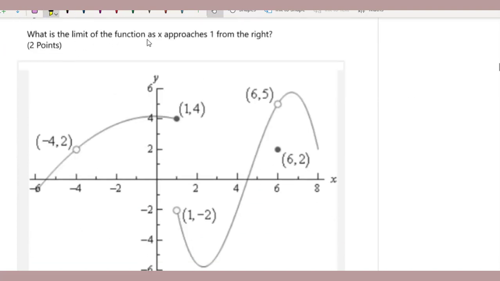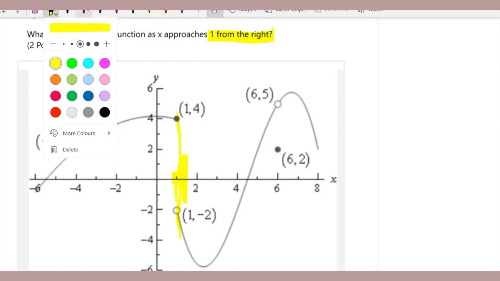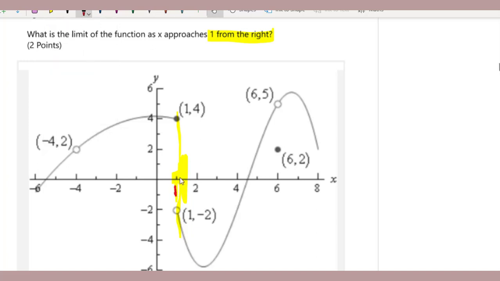Number 3. What is the limit of the function as x approaches 1 from the right? x approaches 1, this is 1, from the right. Here is from the right, here is the left.